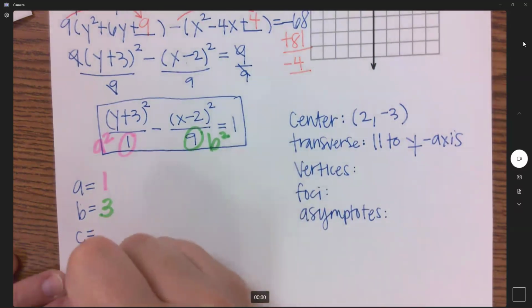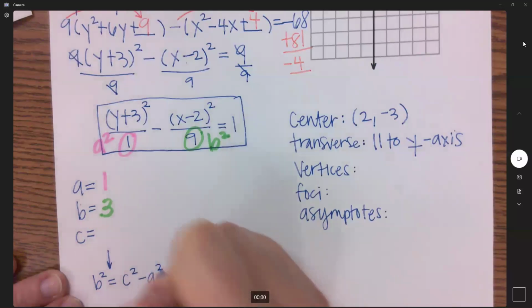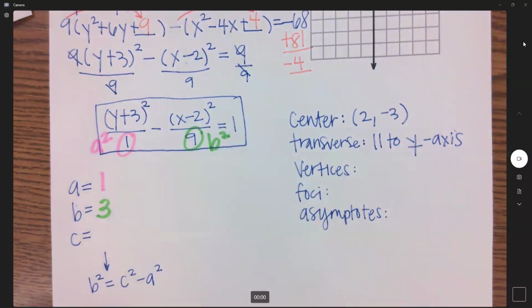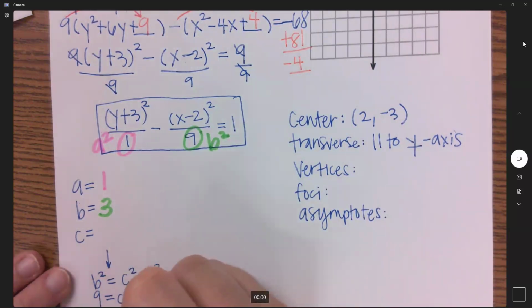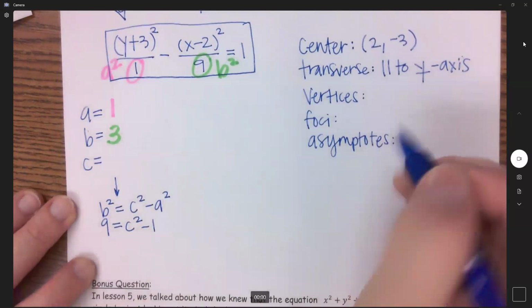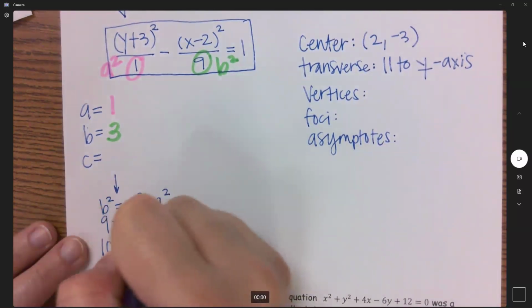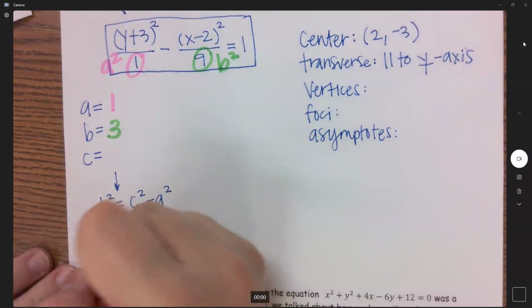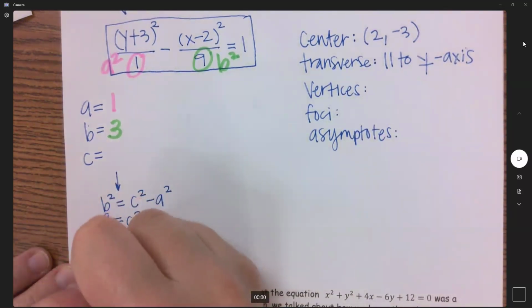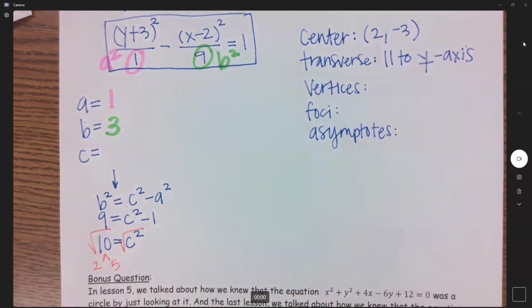And so if I use B squared equals C squared minus A squared, B squared's 9, A squared is 1. We'll add that over and get 10. Take the square root, and 10 is only 2 times 5, so I don't have a pair of anything that comes out.